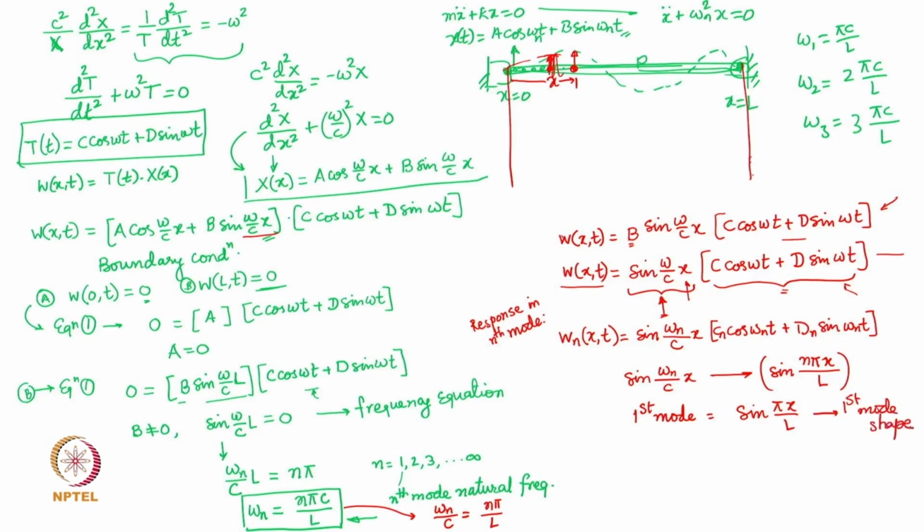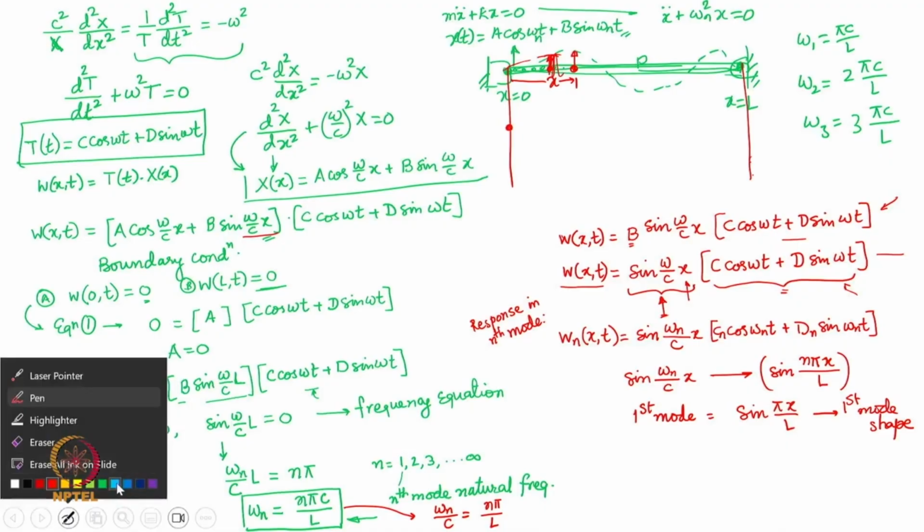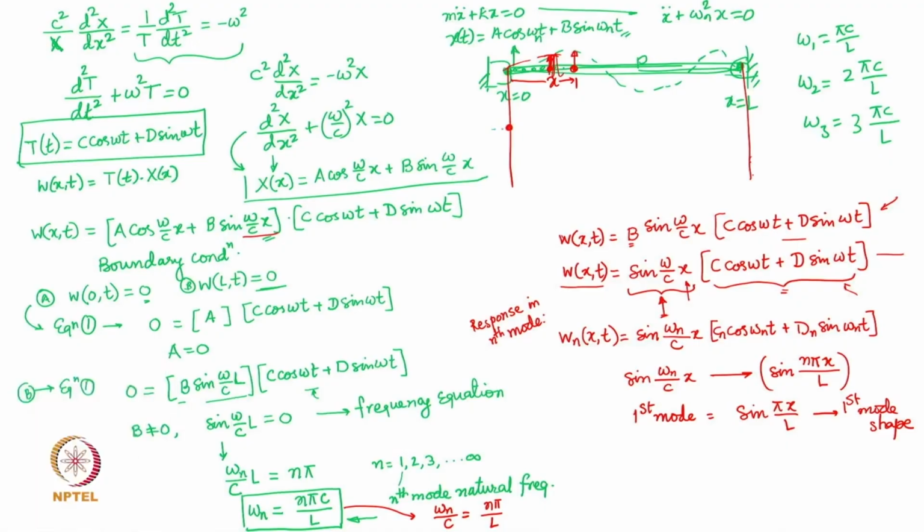Now when x is equal to 0, what is the value of this quantity sine(pi x by L)? This is obviously going to be 0. So the amplitude is going to be 0 at x equal to 0.